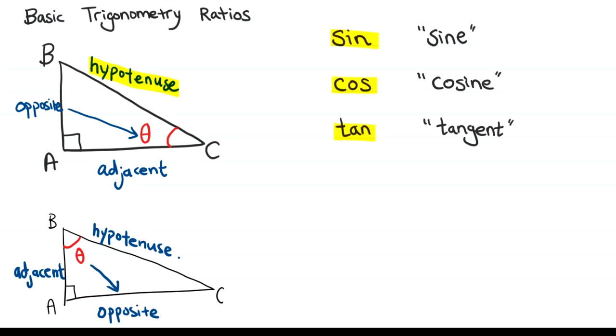Okay, so now let's go back to the ratios themselves. So sine theta, the ratio is opposite over hypotenuse.